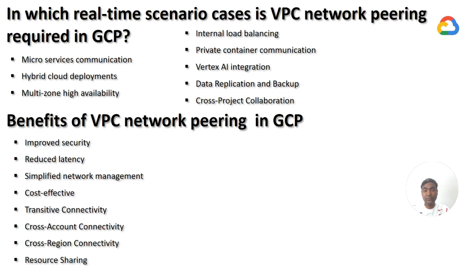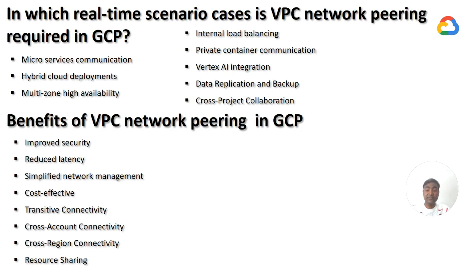Now guys, I hope you understand some scenarios where VPC network peering is required for Google Cloud Platform. Similarly guys, private container communication: connect GKE clusters in different VPC networks to enable private communication between containerized applications. This promotes container security and scalability while maintaining resource isolation.